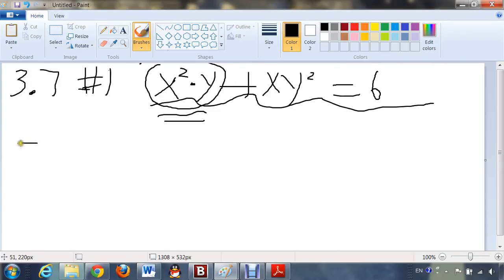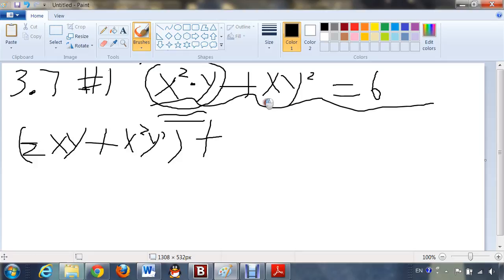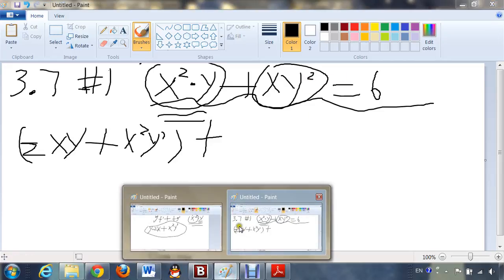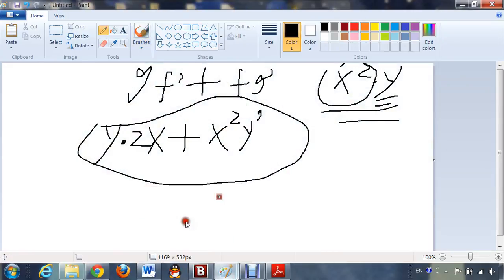So it will be 2xy plus x squared y prime here, and then we will add another product rule, using product rule to solve this again.